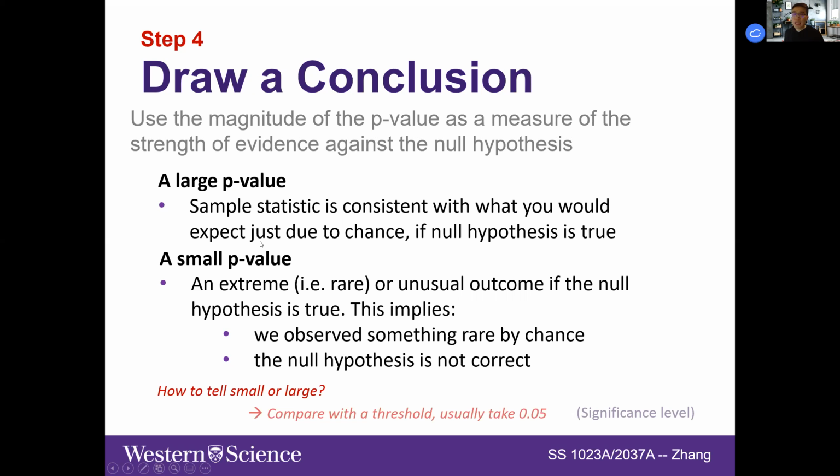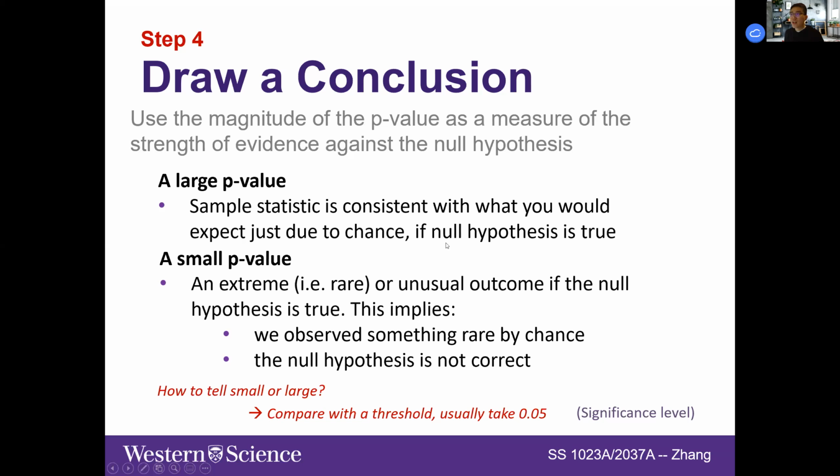So in reality, in many statistical research, we usually pick a threshold, 0.05, and if our p-value is smaller than that, we will say we have a very extreme case, and we will consider our null hypothesis incorrect.